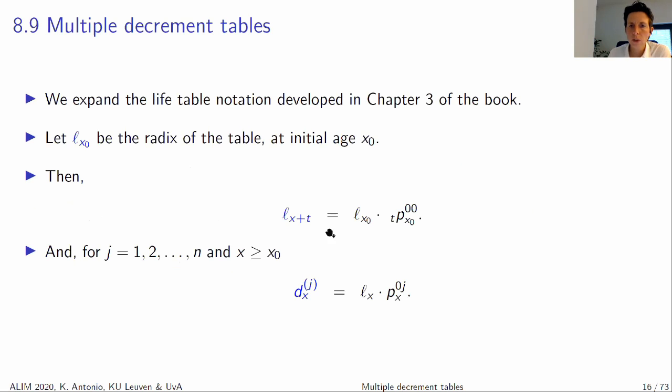And then we're going to say, well, the people who are still in state 0 at age x plus t, we call them l_{x+t}, and those are, of course, formed by multiplying the size of the initial group with the probability of being in state 0 at age x0 plus t. Now that I see this expression here, then of course I should have an x0 here as well, right?